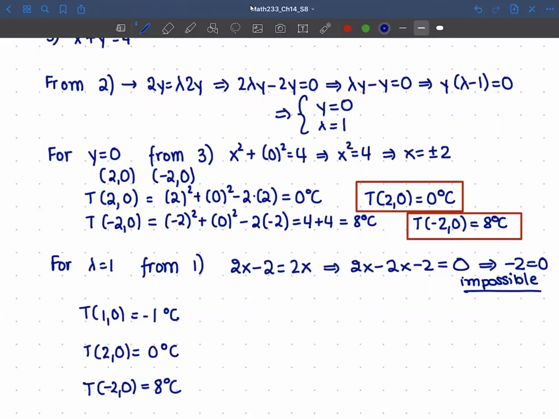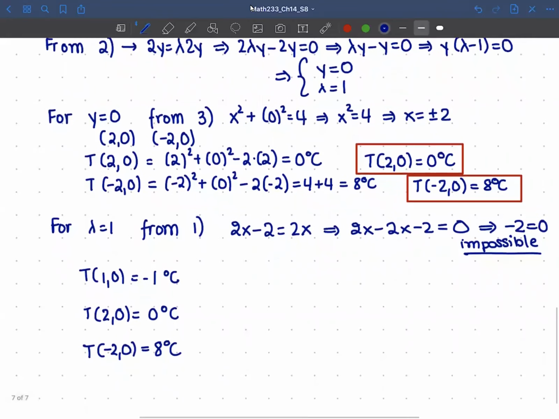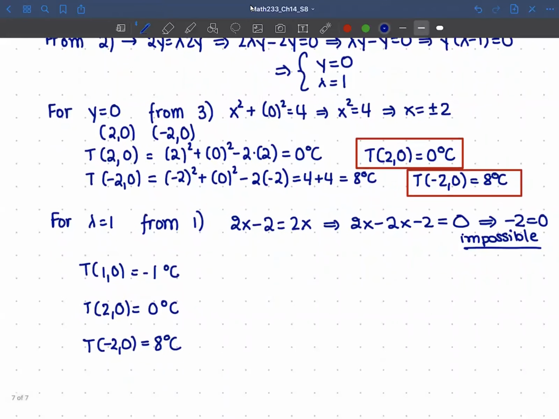From these three temperatures, we see that the minimum temperature is the temperature at the point (1, 0), which corresponds to the coldest point on the plate.